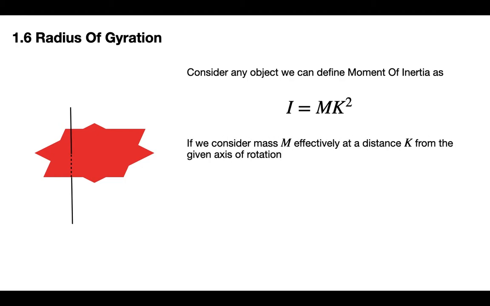If you consider the mass m effectively at a distance k from the given axis of rotation, that means the mass of the entire object is supposed to be concentrated at some distance k from the axis, then k is called the radius of gyration. So the effective mass is at that distance, and k becomes the radius of gyration.